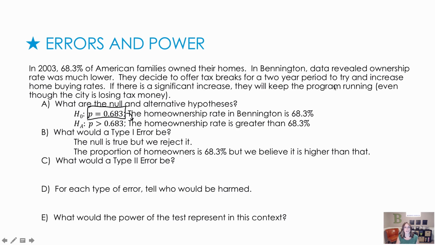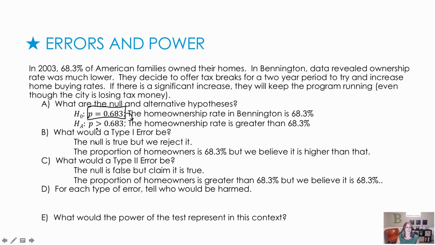The type 2 error is that the null is false, but we say it's true, which means we said, oh, it's not greater than 68.3 when it actually was. So the null is false, but we claim that it's true. And the proportion of homeowners is greater than 68.3, that's the alternative, but we believe it is 68.3, which is our null.